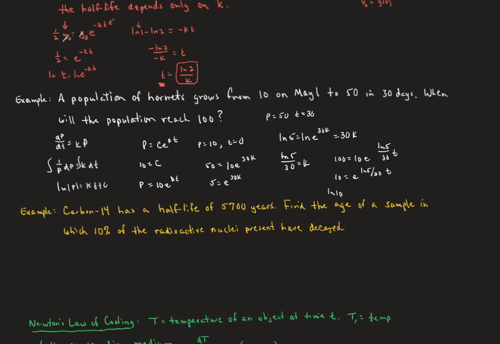We'll take the natural log of both sides, and natural log 10 is equal to natural log 5 over 30 times t. So t is going to be 30 natural log 10 divided by the natural log of 5.